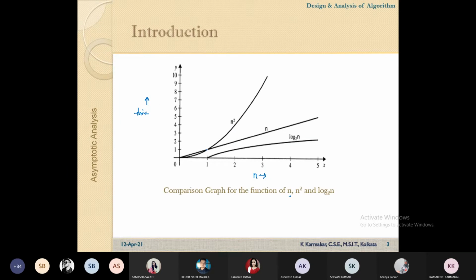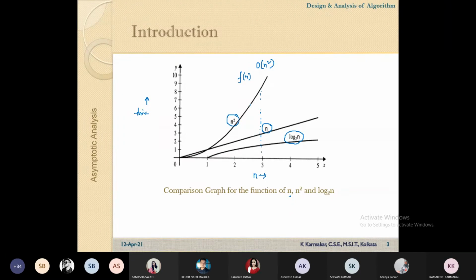When the value of n is increasing, the value is very small here, but if the complexity of a function is big O of log n, for another function big O of n, and for some other function big O of n square, the function with complexity big O of n square will increase rapidly compared to the other complexities like big O of n or big O of n log n.